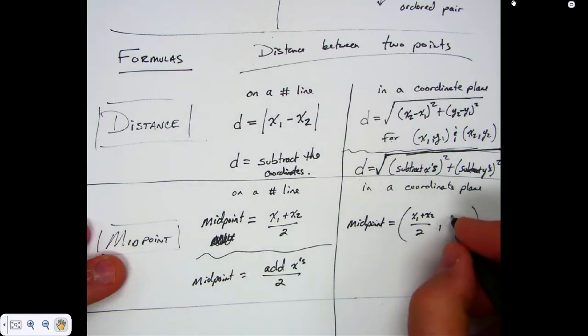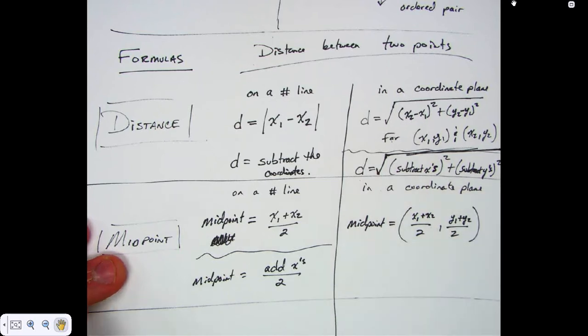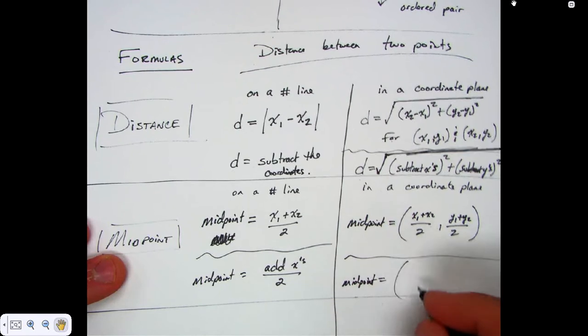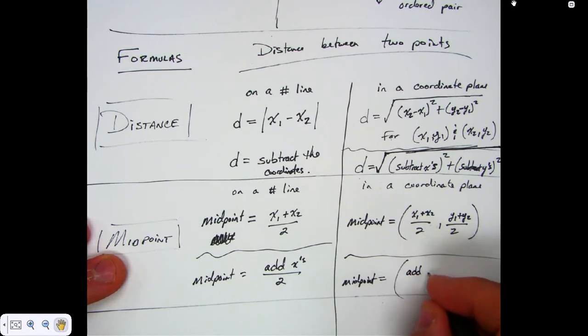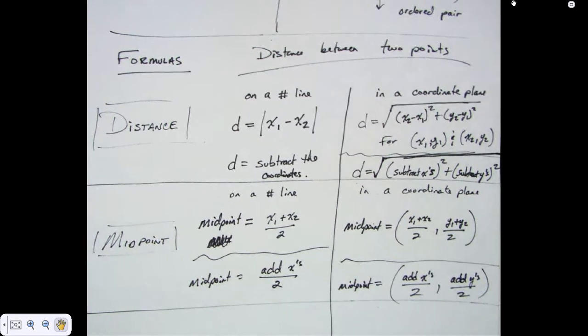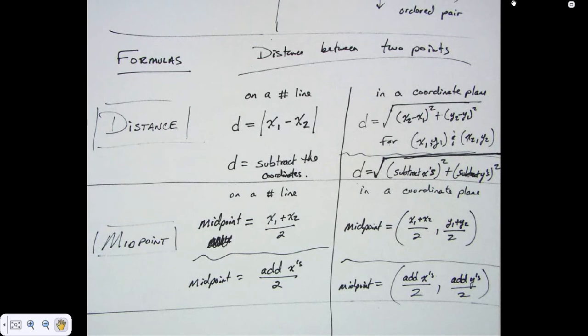Exact same thing, except what? y1 plus y2 divided by 2. You add your x's, divide by 2. Then for the other coordinate, you add your what? Y's, divide by 2. Okay, those are our formulas. What we are going to do is apply these to some problems.